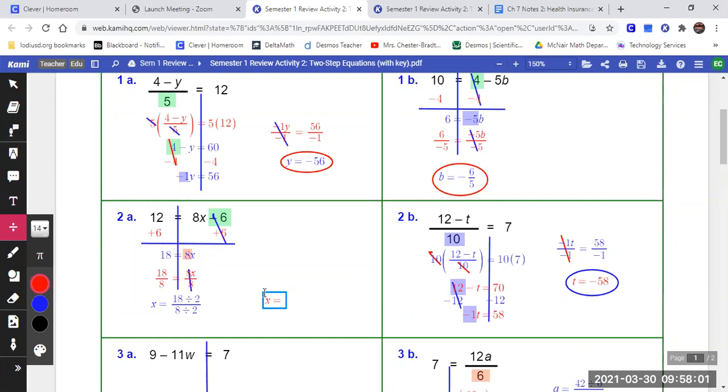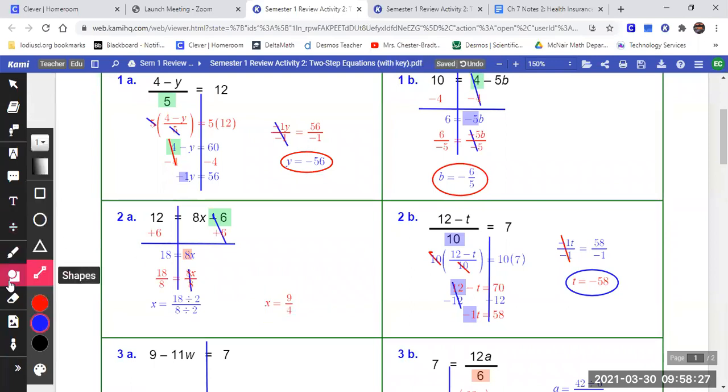What do you get? 8 divided by 2. What do you get? 9 over 4. Okay.